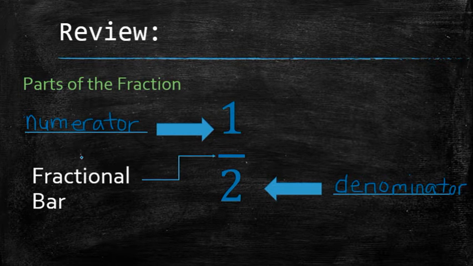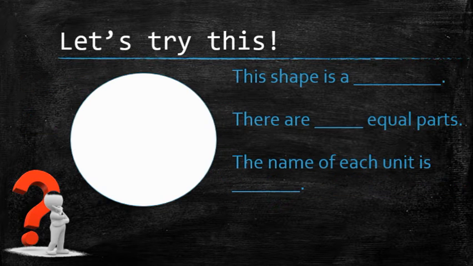The line in the middle is actually called a fractional bar. Okay, but you don't need to know that quite yet. We'll be working with that once we practice how to do this. So again, the number on the top is the numerator and the number on the bottom is the denominator. See, that's not hard at all.